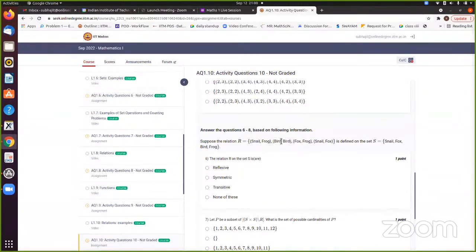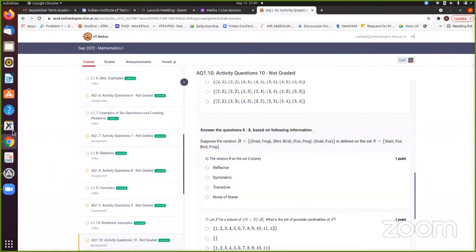So you have to add that. Bird we don't have to bother about because if you interchange it, it will be the same. Fox frog, if we interchange, fox should be there, it is not, so you have to add it. Snail fox, if you interchange it, fox snail should be there. So you have to add 3 more elements to make it symmetric.